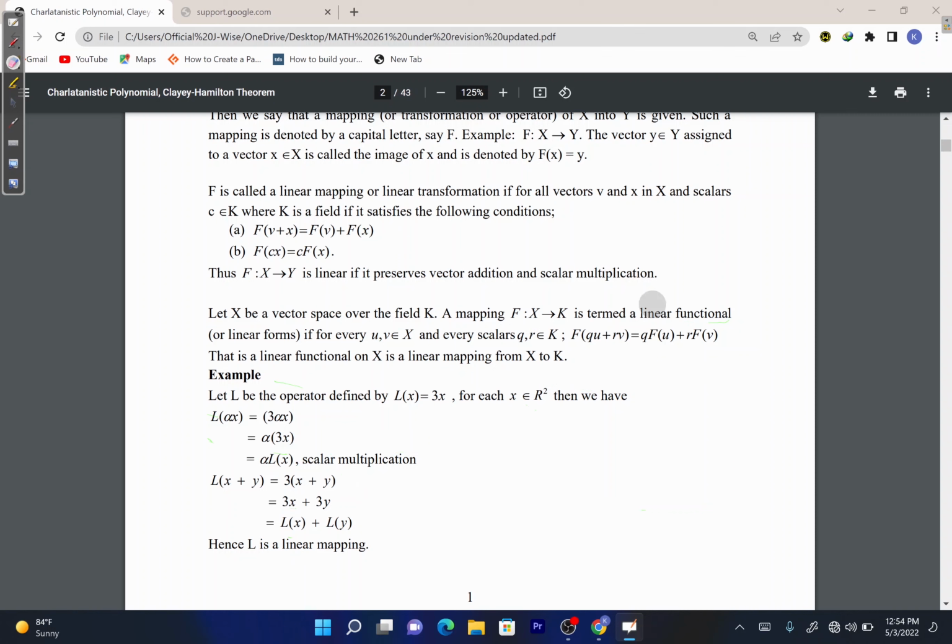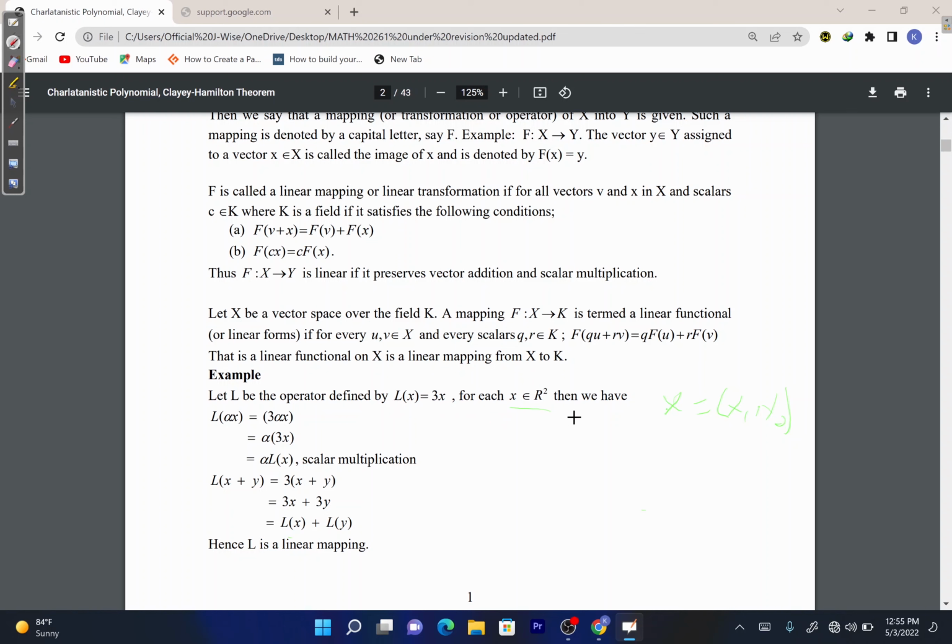Let capital L be the operator defined by 3x. So when you have a vector x such that x is two dimensional, x can be x1, x2. When you perform the operator on this vector x, you get L of x being equal to 3x.